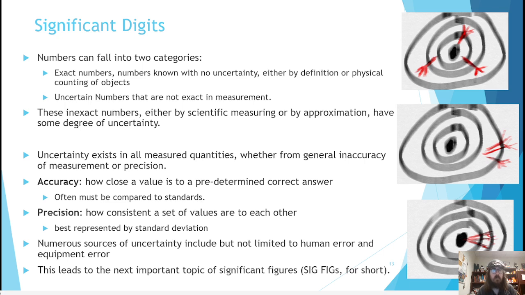Now, the other type of number is an uncertain number, one that is not exact, whether by approximation or by the accuracy of our measuring tools. Anything that is measured scientifically will have some degree of inexactness. We are not robots, and even robots have certain tolerances which they have been programmed to allow.